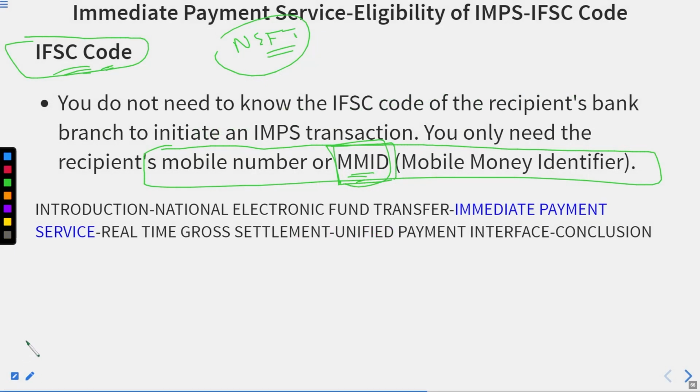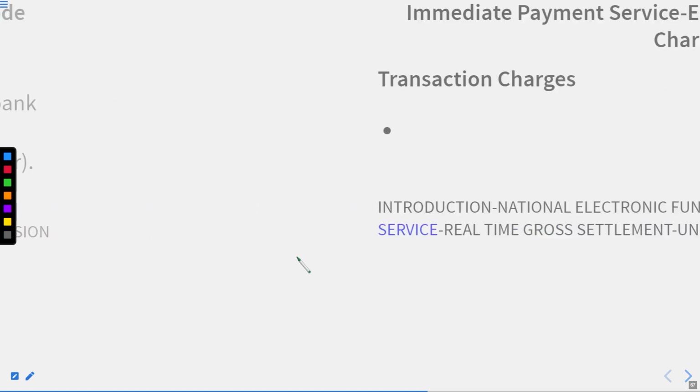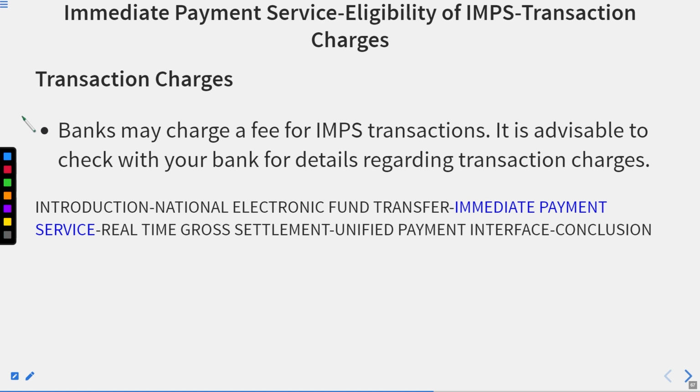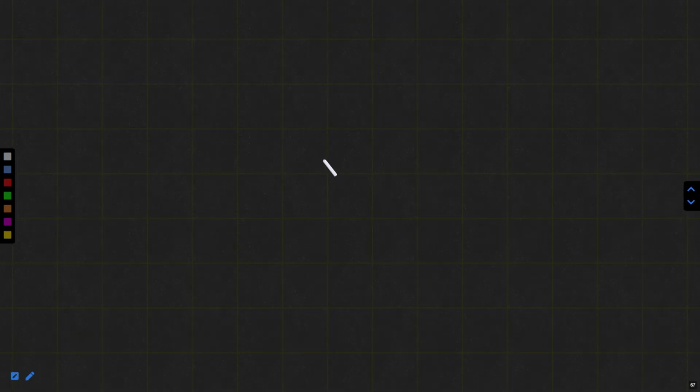So remember these details. Okay, next, transaction charges. Banks may charge a fee for the IMPS transaction. It is advisable to check with your bank for details regarding transaction charges. Like, in the general way, banks usually charge in 2 manners: online or offline.